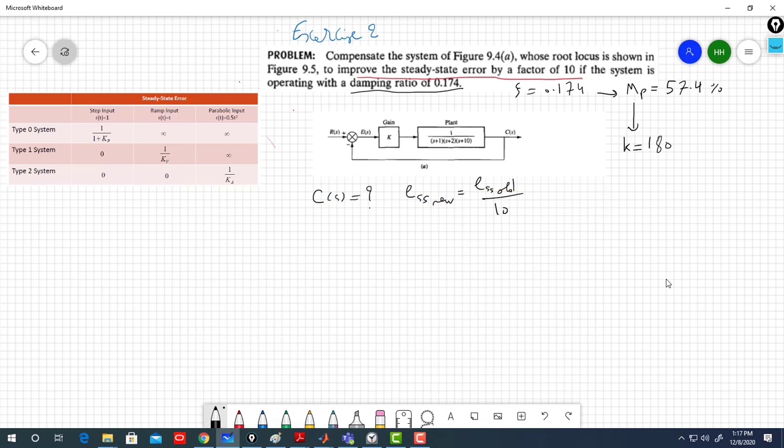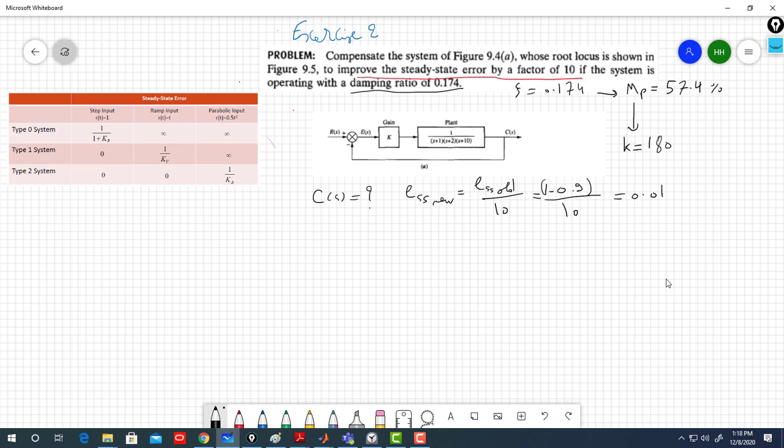So if I want to find a compensator to improve my steady state error by a factor of 10, so 0.1, why 0.1? Because 1 minus 0.9, that will be my error, over 10. So 0.1 over 10, 0.01 will be my new steady state error.